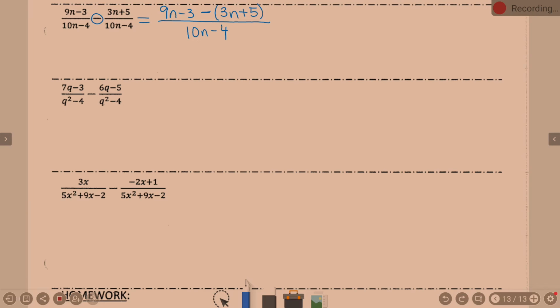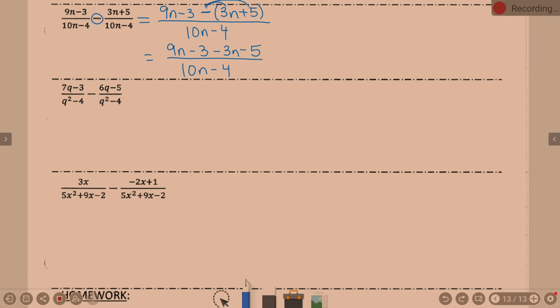That's where I warn you to be careful. Maybe it'd be easier if I wrote it as 9n minus 3, but then we're going to be subtracting 3n, which you got, and what else? Subtract 5, not add 5.